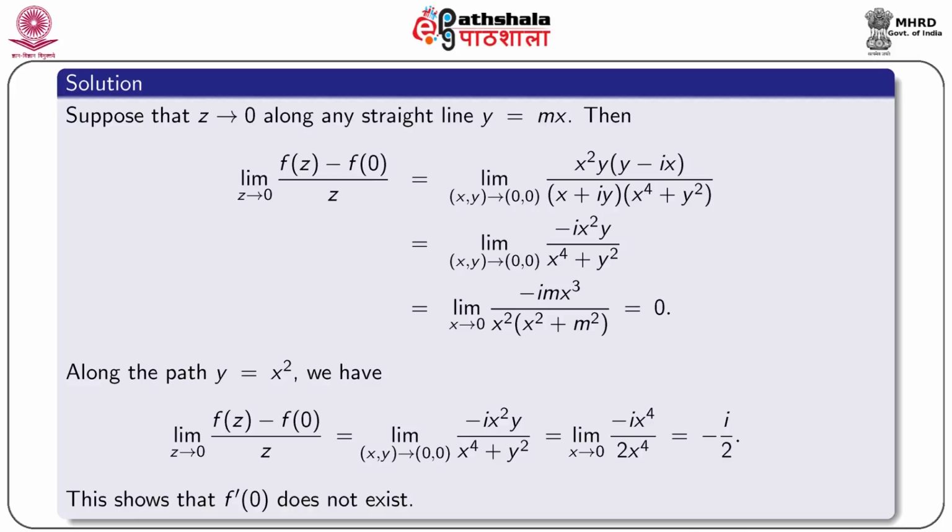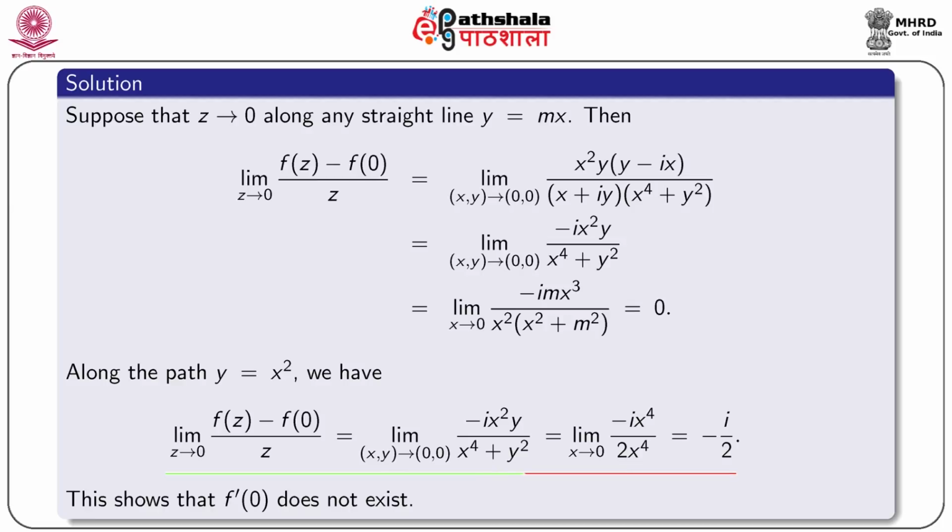But along the path y equal to x squared, we obtain limit z tending to 0 of (f(z) minus f(0)) by z is equal to limit (x,y) tending to (0,0) of minus i x squared y by x to the power 4 plus y squared.